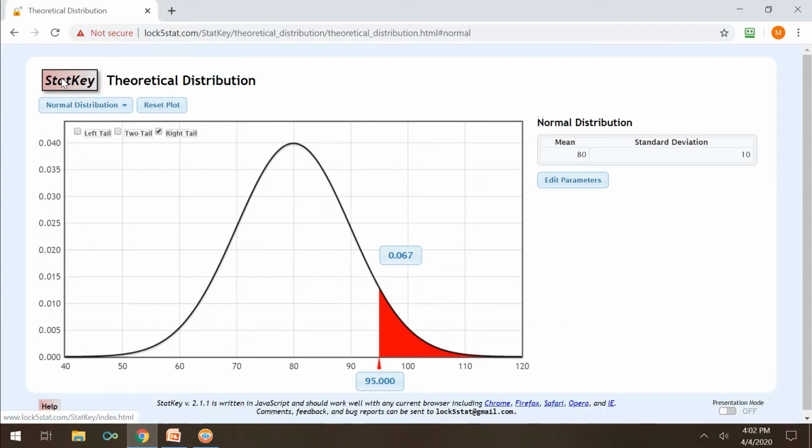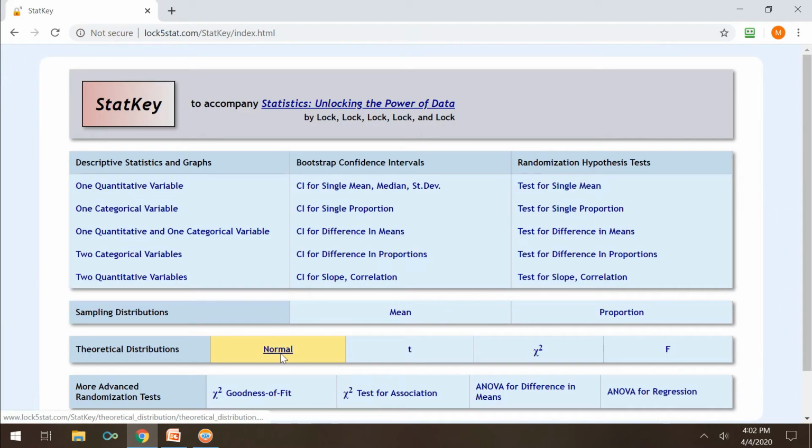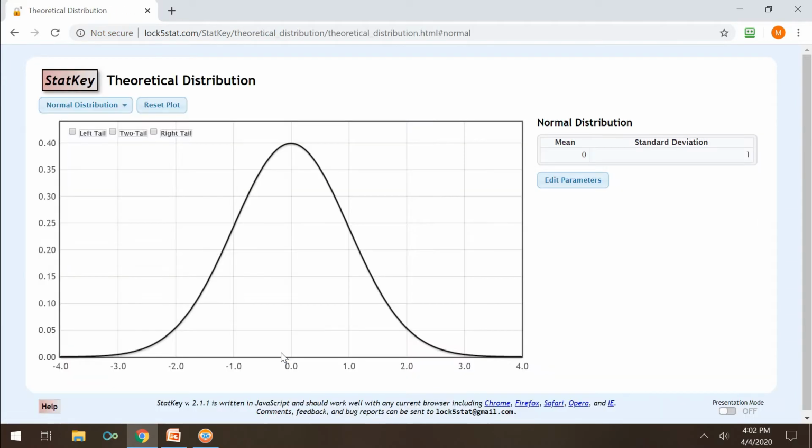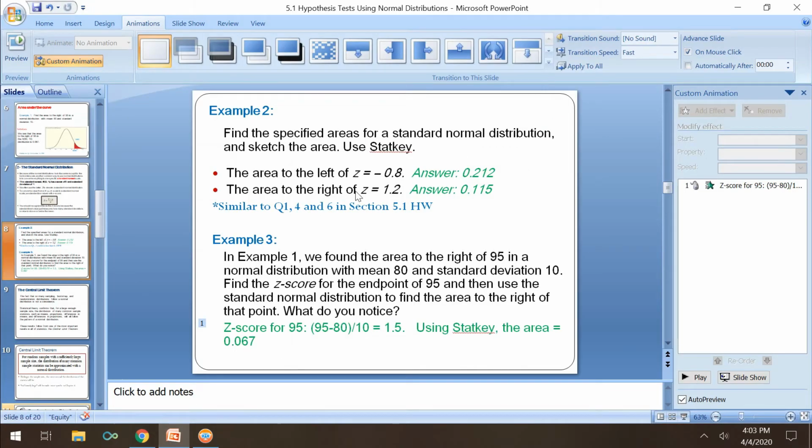So I'm going back to StatKey. Same place, I'll go to normal. This time, since I need it to be the standard normal distribution, I'll keep the mean as 0 and the standard deviation as 1. And the values that I need to cut off my scale need to be in z values. So I look here, I have the values given to me in z values.